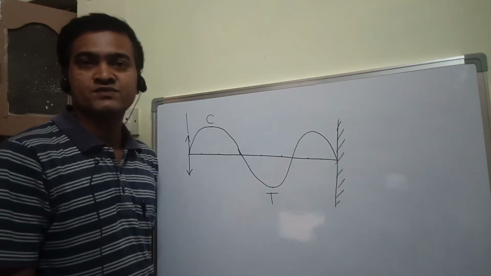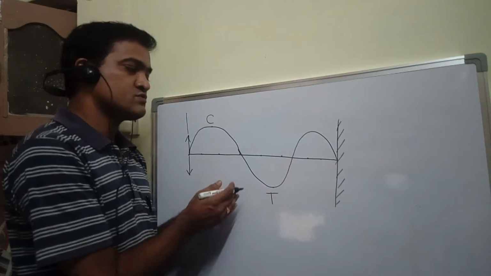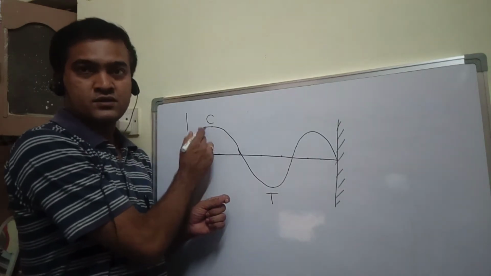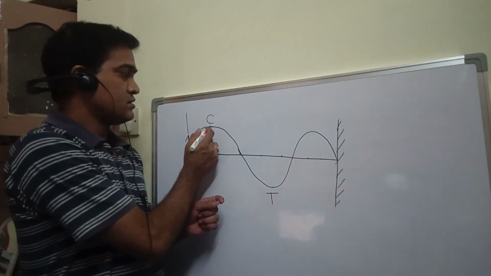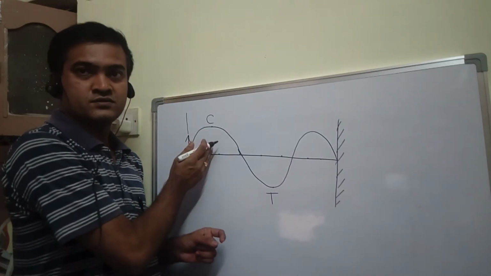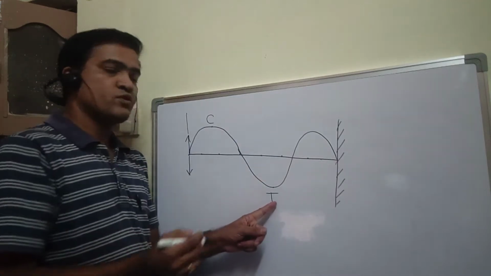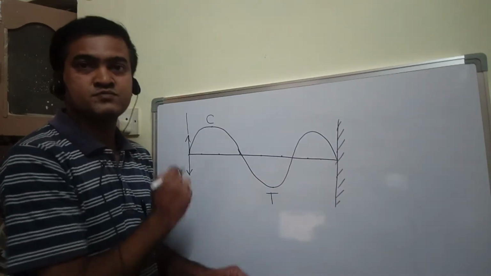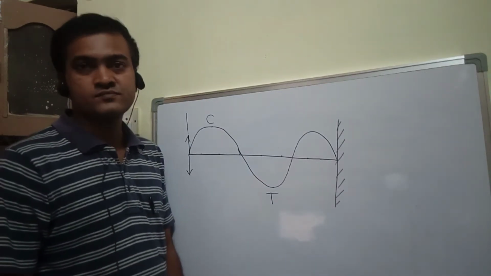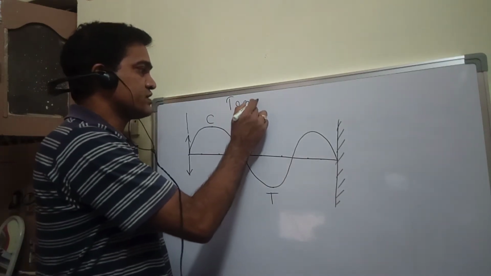I'm denoting crest with the letter C and trough with the letter T. So the topmost point along the vertical or upward displacement is called the crest, and the bottommost point along the downward displacement is called the trough. So this is in case of a transverse wave.